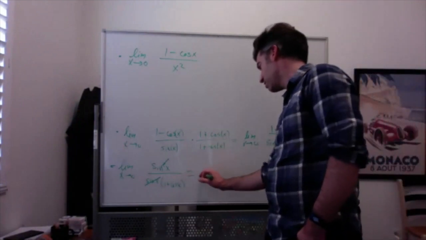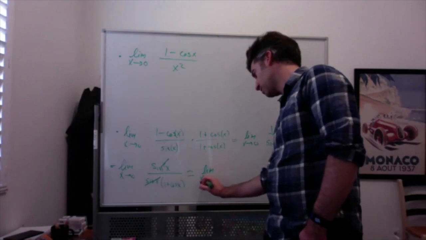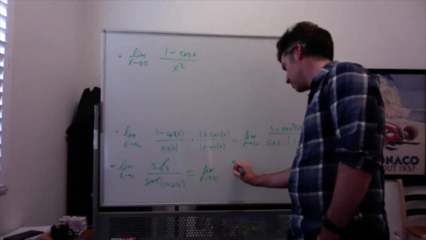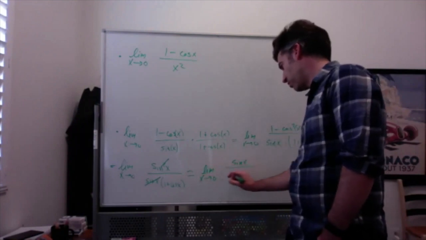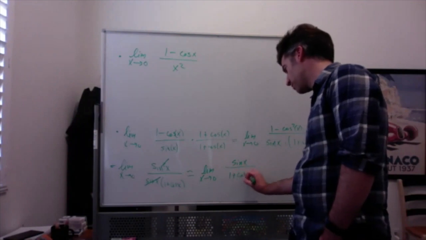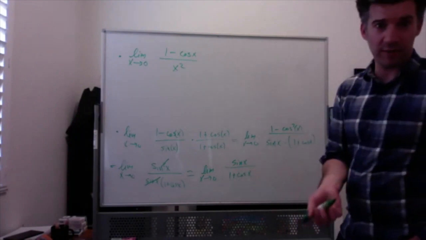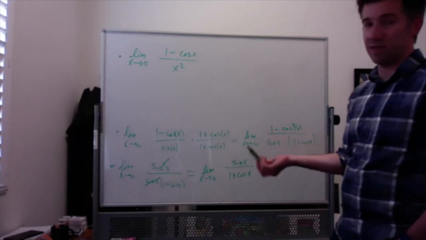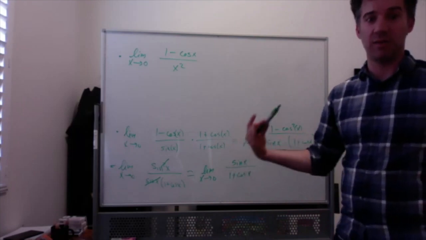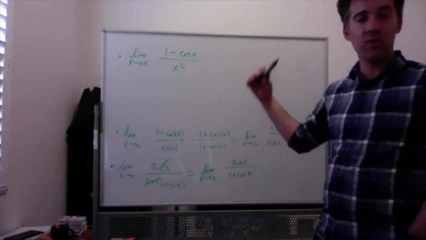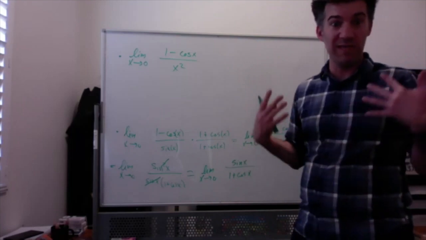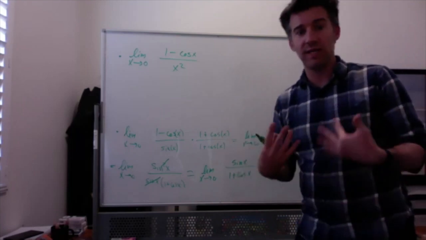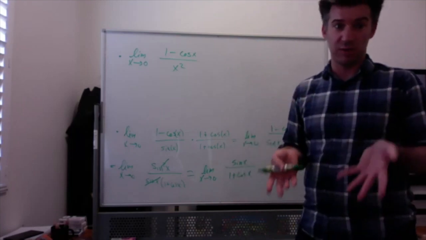So then the limit as x goes to 0 of sine of x over 1 plus cosine of x. And I want to point out, I canceled the thing in the denominator that was making the denominator equal to 0. After you have done that, wherever you are in your limit taking, it is usually a good idea to reevaluate and see if you can just plug things in.